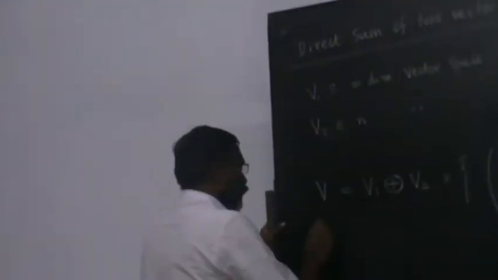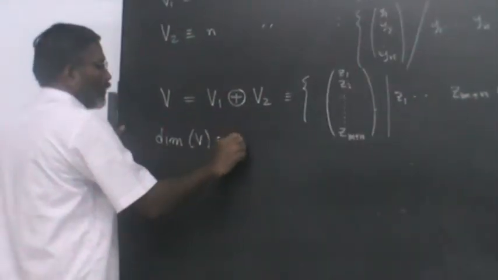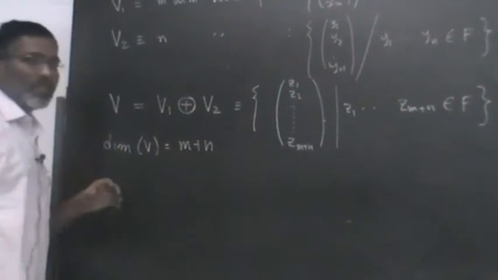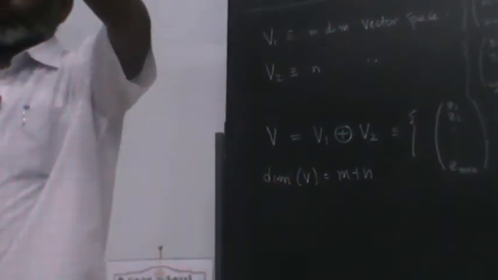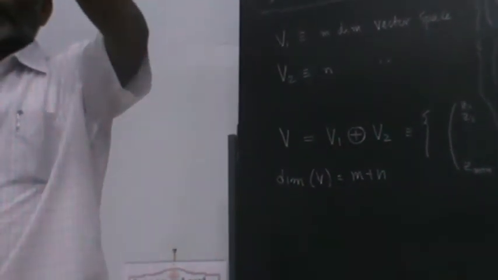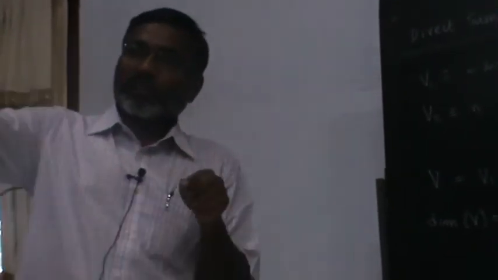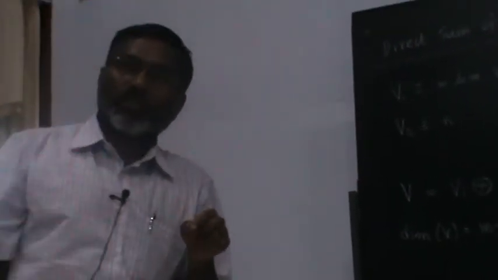So what is the dimension of V? Dimension of V is equal to m plus n. It is just appending. First m are from that, second n are from this. So Z1 to Zm will be the x's, Z(m+1) to Z(m+n) will be the y's, like that. So it's just an appending. If I have one line, the x-axis is a one-dimensional vector space, the y-axis is a one-dimensional vector space.